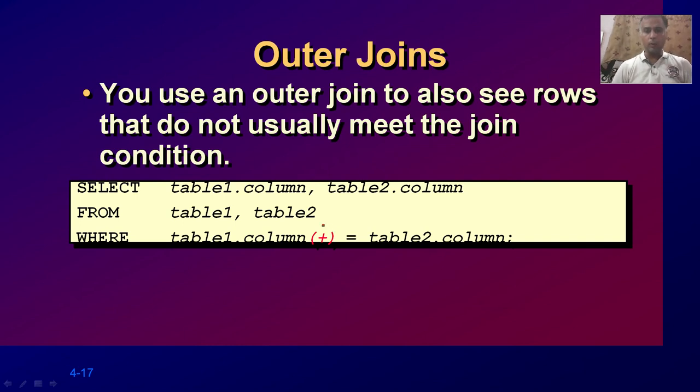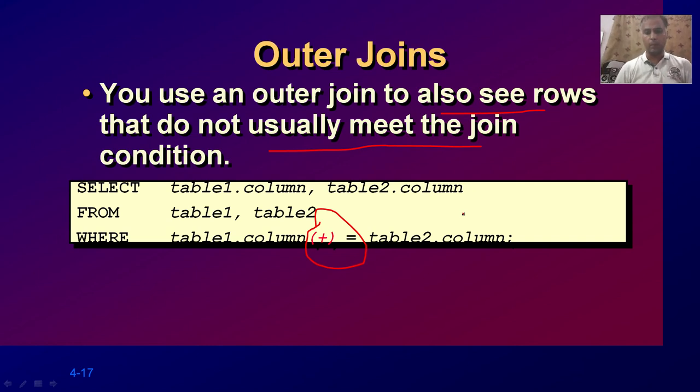I want to display that department even though it has no employee. You can use the outer join to see the rows that do not usually meet the join condition. Those tuples are skipped or not displayed at the time of a normal join.